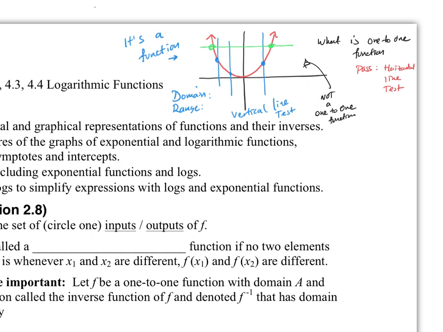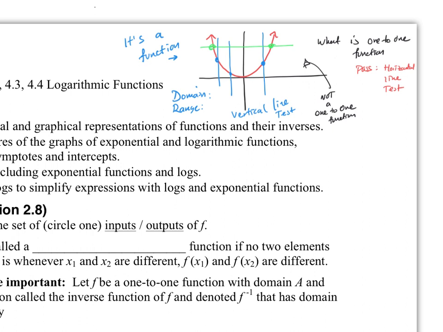That means this function doesn't have an inverse. Only functions that are one-to-one will have an inverse, and that's the point of this section. By the way, you can always modify a function to make it one-to-one. Here, if we erase this part and you only define it to go from here to here, then this will be one-to-one, and you will have an inverse.